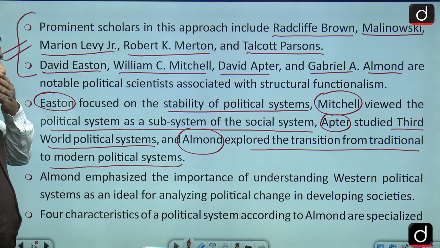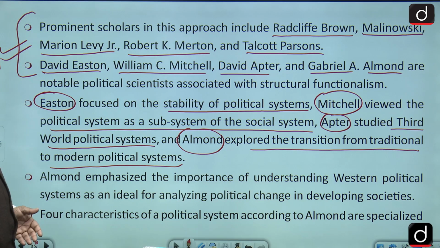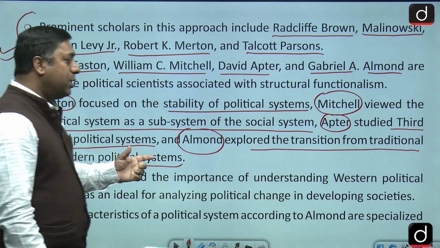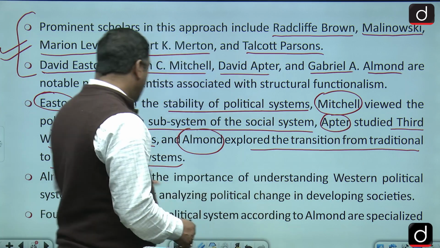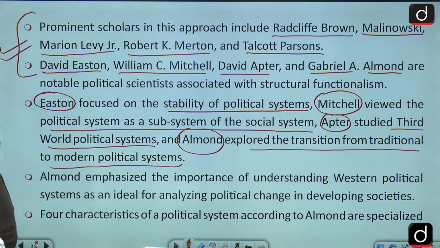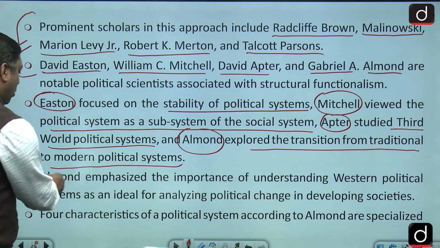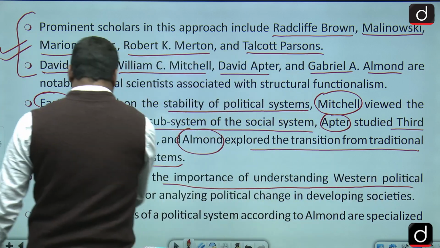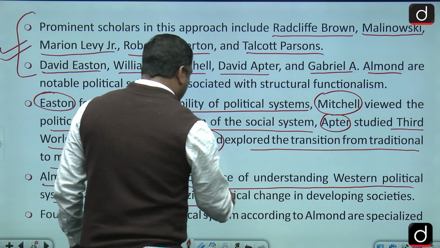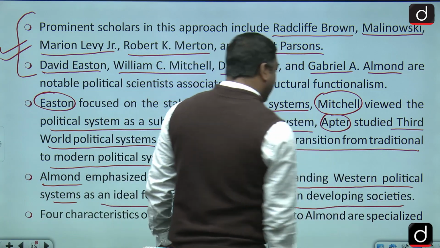After he studied the third world political system, Almond explored the transition from traditional to modern political system. And Almond also emphasized the importance of understanding the Western political system as an ideal for analyzing political change in developing societies.